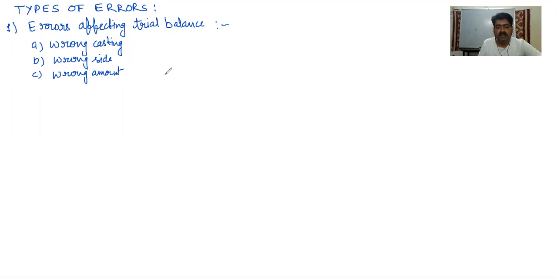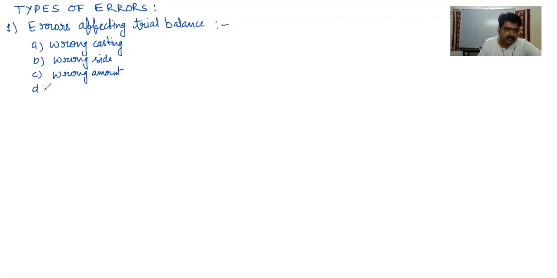In purchase account we write it on the debit side, and when we prepare X's account, we write on the credit side, by purchases rupees 5000. In place of 5000, suppose we have written 500 rupees, that will be treated as writing of a wrong amount. So in this case also, trial balance will not tally.